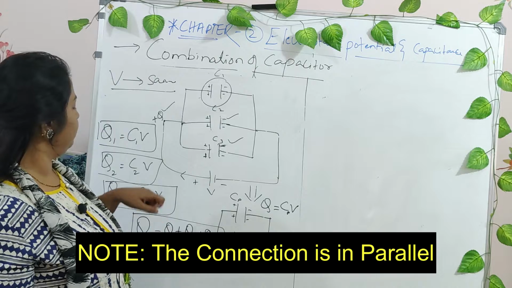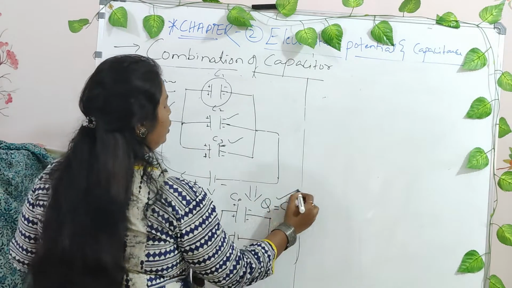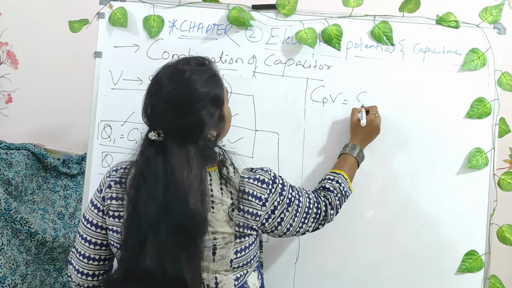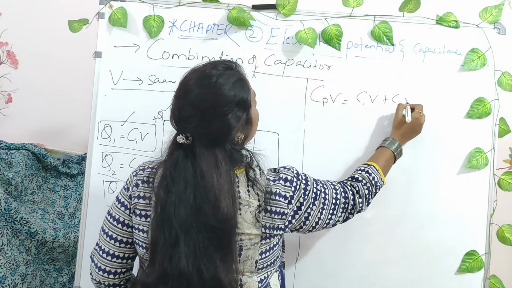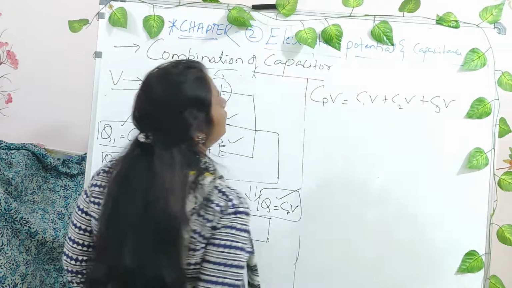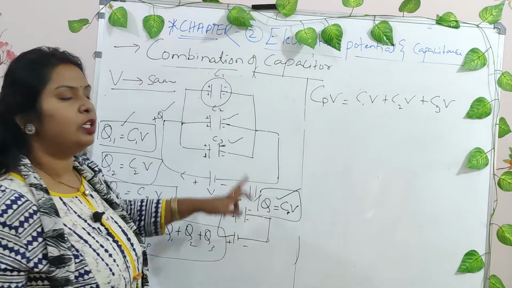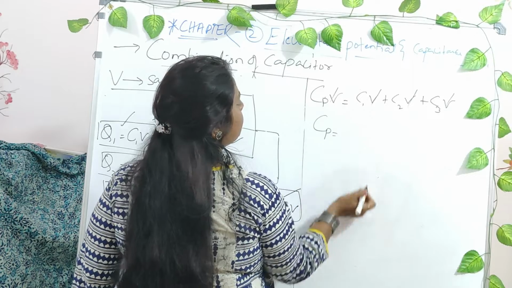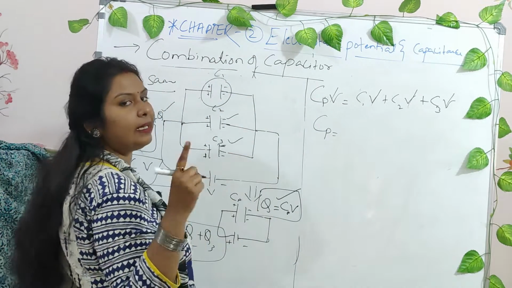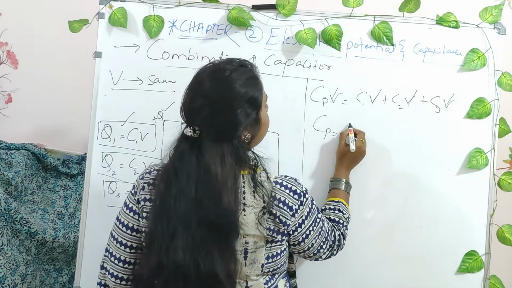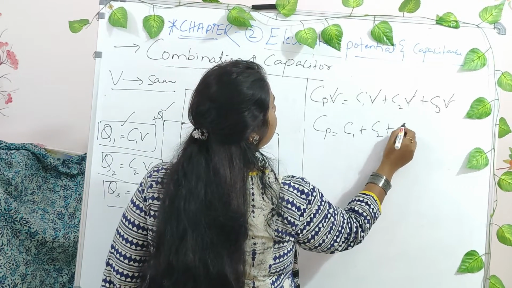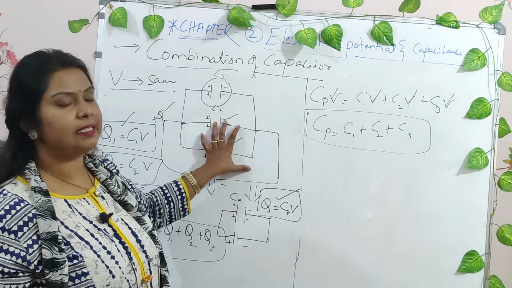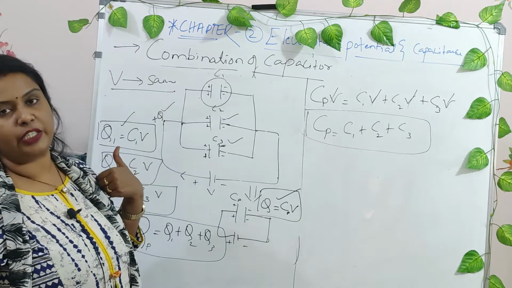Now by this equation and this equation, you can clearly write CpV = C1V + C2V + C3V, right? The potential remains the same, so V gets cancelled, right? The effective capacitance of the capacitors when connected in parallel can be written as Cp = C1 + C2 + C3. This is the effective capacitance when they are connected in parallel combination, right?